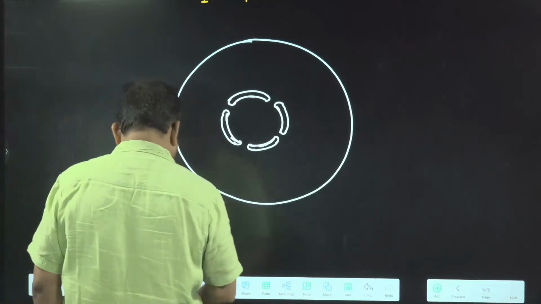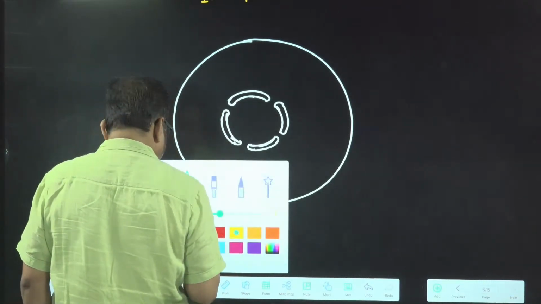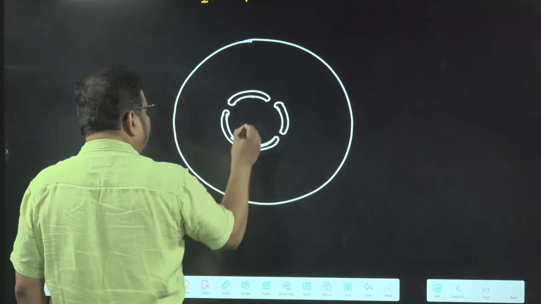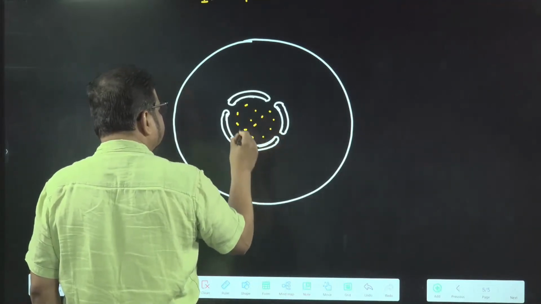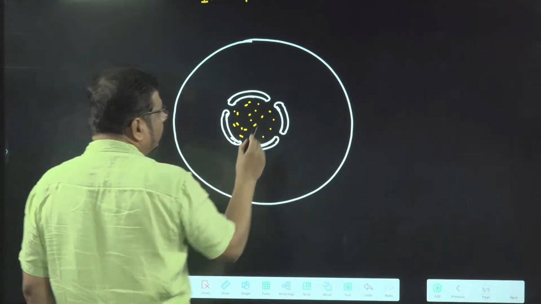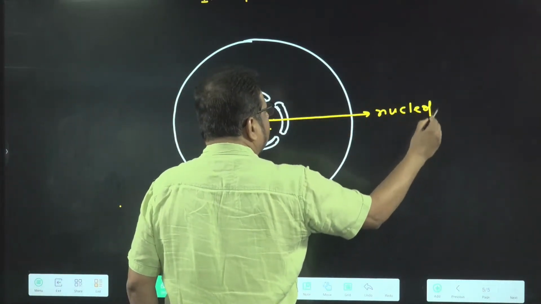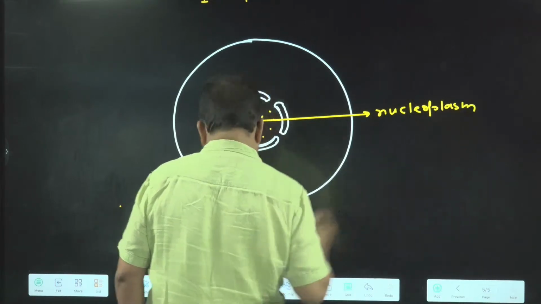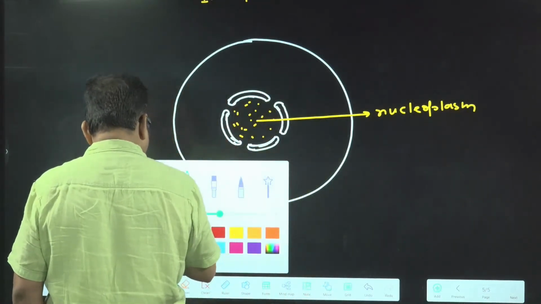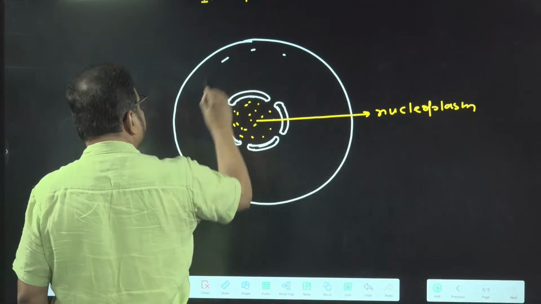So this membrane is not a continuous structure. These are the nuclear membranes, and inside the nuclear membrane a fluid filled matrix is there. This fluid filled matrix is called nucleoplasm. And outside of the nuclear membrane, there is cytoplasm.